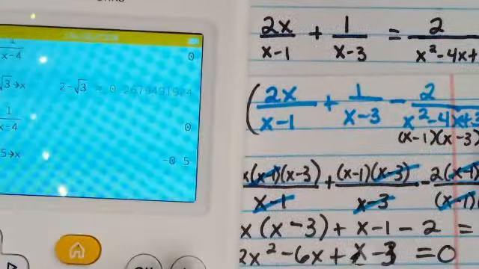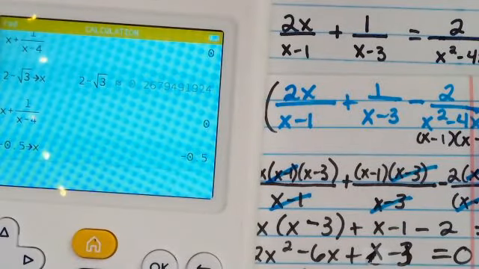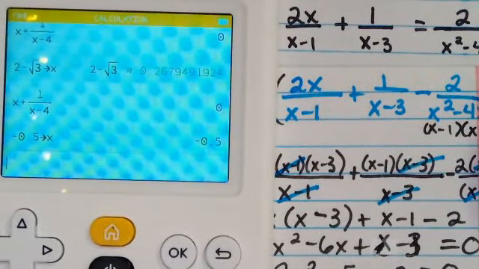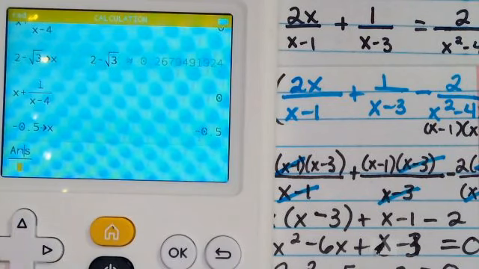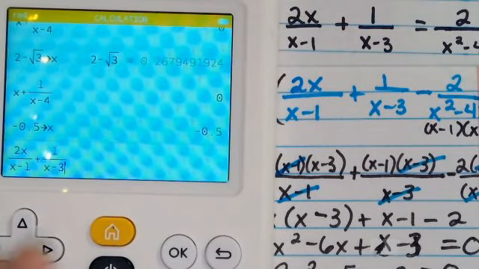So, because that blue part is still before we multiply through by the LCD. It's the LCD, when we multiply through by that, that's what's creating those extraneous solutions potentially. So I'm going to plug it into that part that was before that step. Okay, take yourself a moment and we're going to type this all in. So we're going to have 2x over x minus 1. Then we have plus 1 divided by x minus 3.